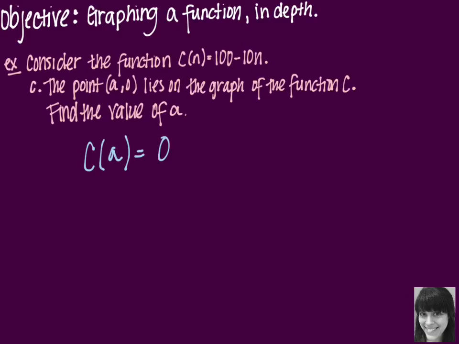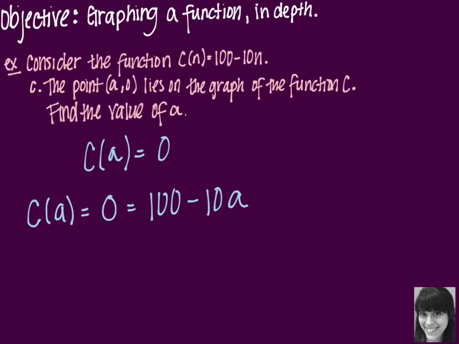Careful with what you do here. So 0, the output, which is c of a, must be 100 minus 10a. So the input is a, and I know that after doing 100 minus 10a, I should get 0.